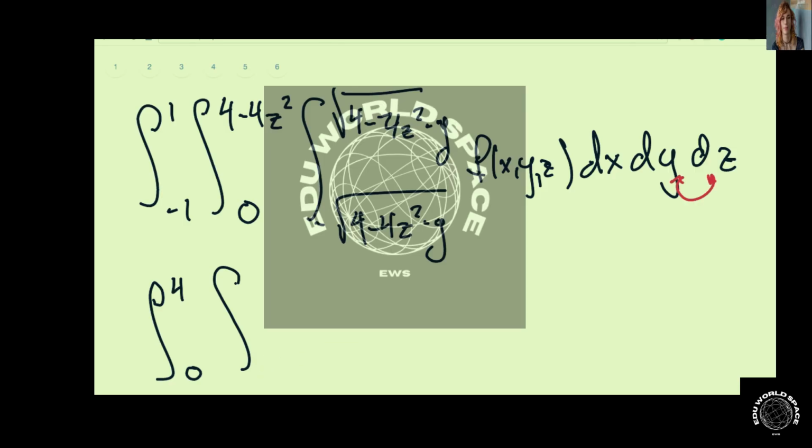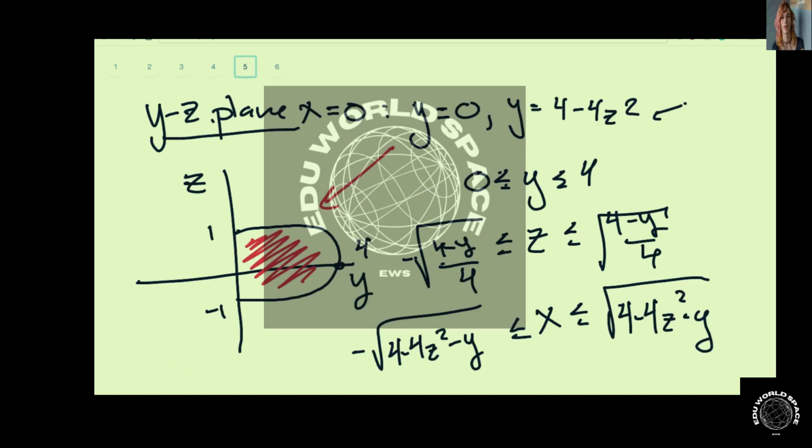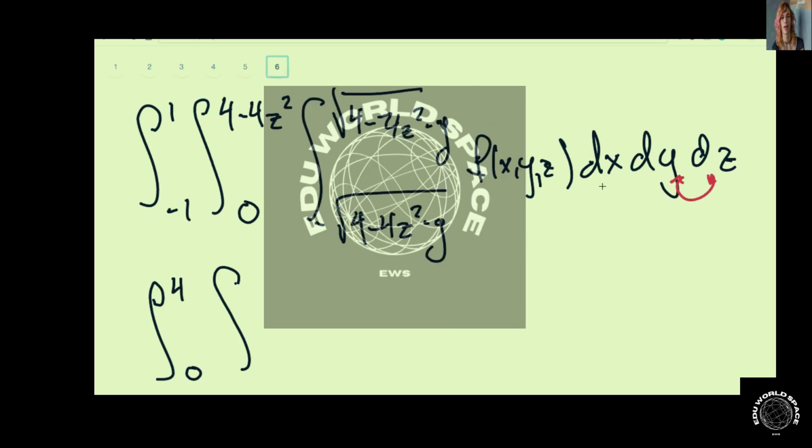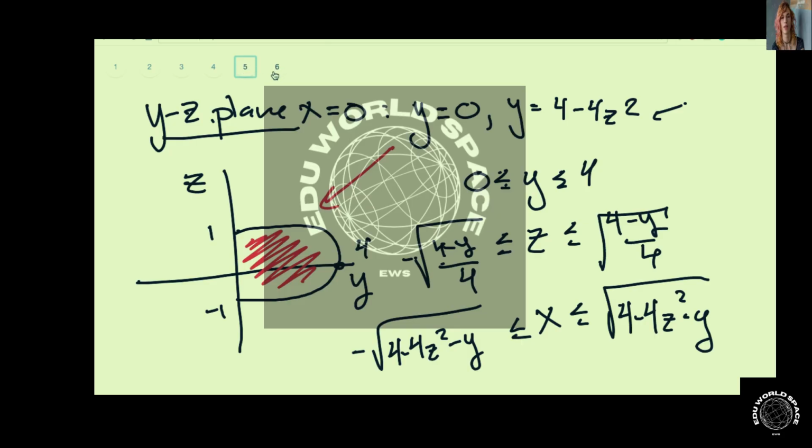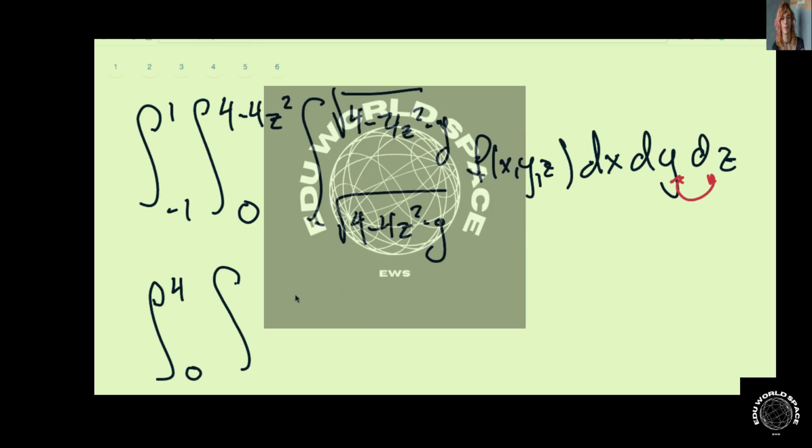I'm sorry, I think I made a mistake here. Give me 1 second. So y goes from 0 to 4, and the z bounds are changing like this. Okay, that's right. And our x bounds are changing like this. So we do dx, then we do dz.